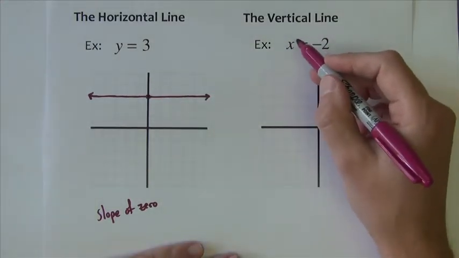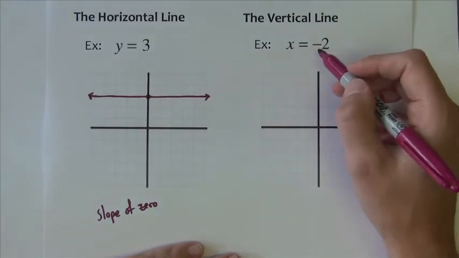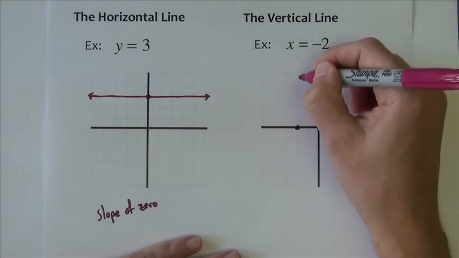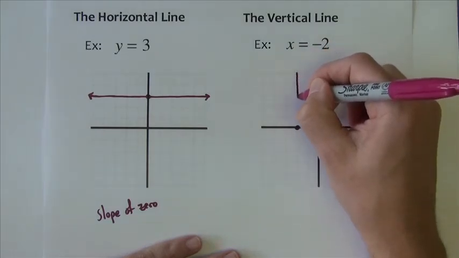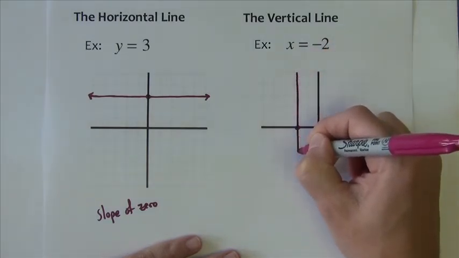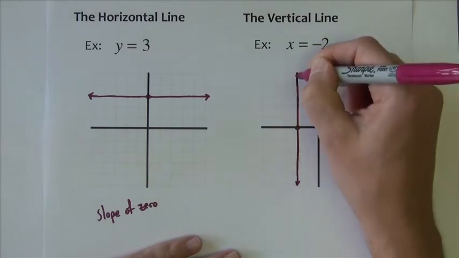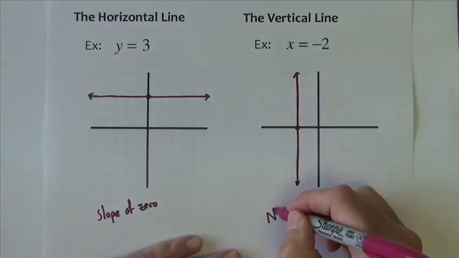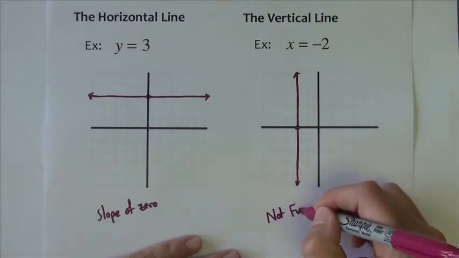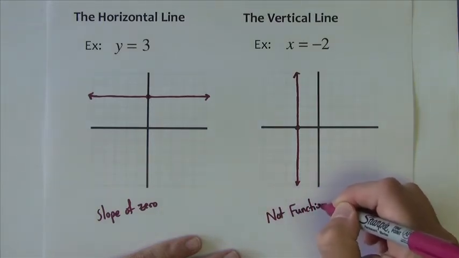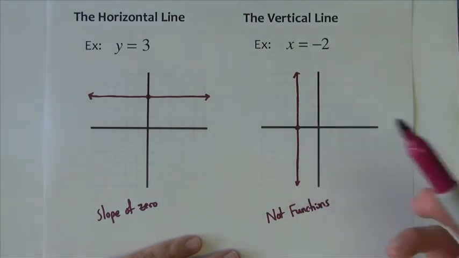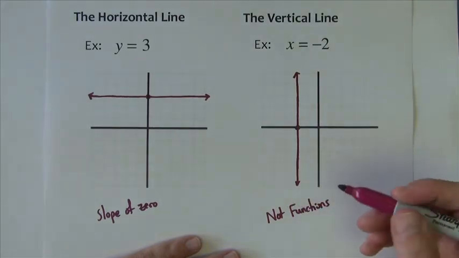Now, vertical lines are always written as x equals a number. So we just go to that number on the x-axis, and then we draw a vertical line through it. Vertical lines, just of note, are not functions. It would certainly fail a vertical line test, as the vertical line hits everywhere on the line.